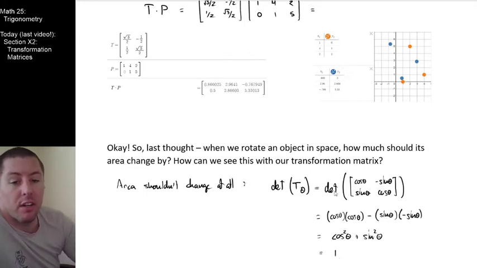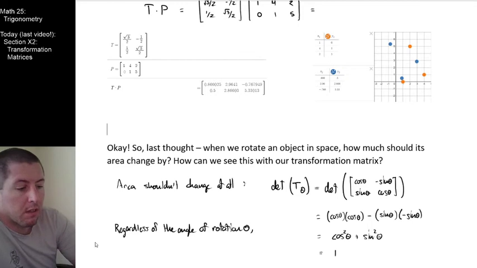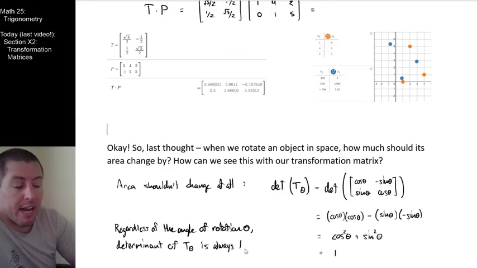can now see that regardless of the degree or the amount of angle of rotation theta, the determinant of T sub theta is always 1 by the Pythagorean identity.